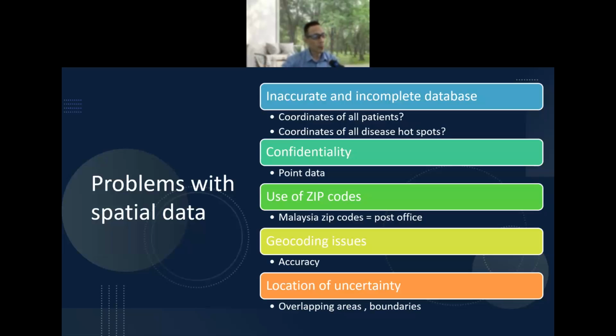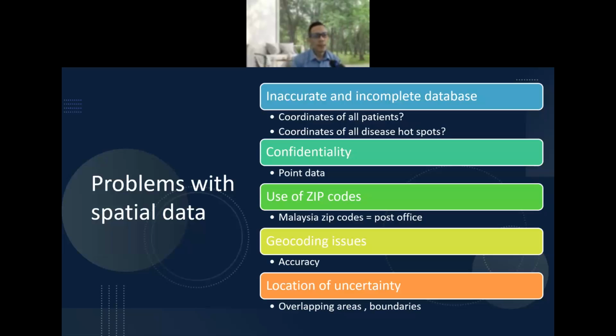Or sometimes when you map cases nearby borders in Thailand, I have seen a few data where, when we plot the cases, they fall inside Thailand area. I'm not sure whether they accidentally went into Thailand, or because of the inaccuracy of the coordinates.